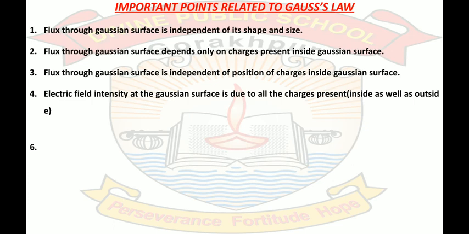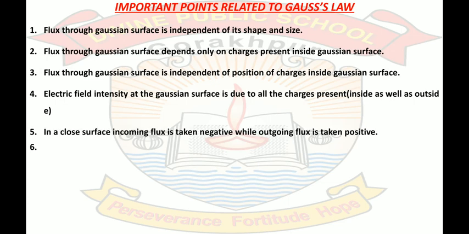Electric field and electric flux are two different things. So when you calculate electric field, be very careful. When you calculate flux, be very careful. Fifth point is, in a closed surface, the incoming flux is taken negative while outgoing flux is taken positive, as I have told you earlier also.